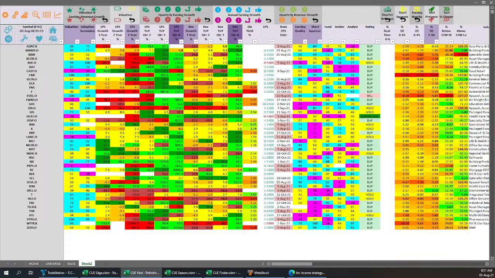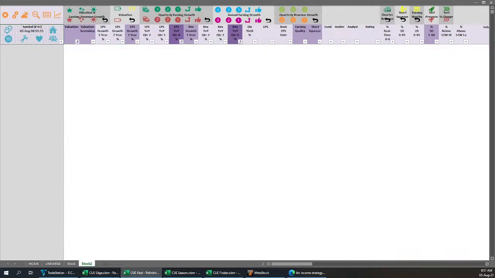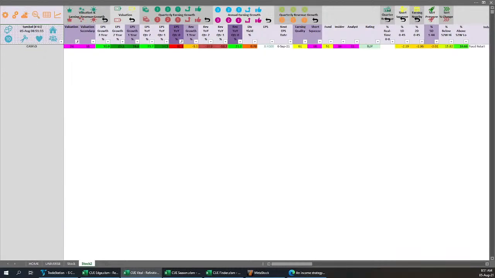Let's start with Crown Jewel, none. 3 star, 1. CASY. Why 3 star? Because it is overvalued with negative earnings growth. Funds accumulation is neutral.